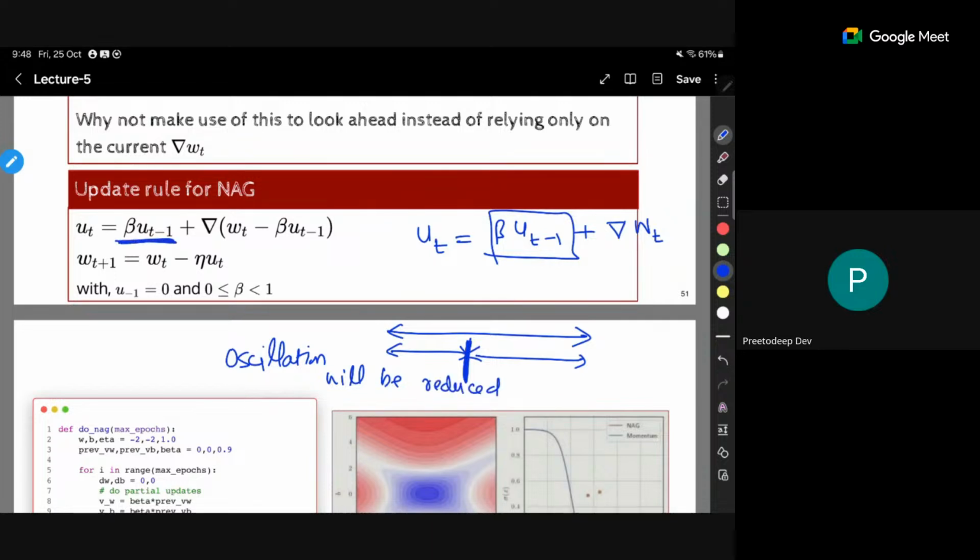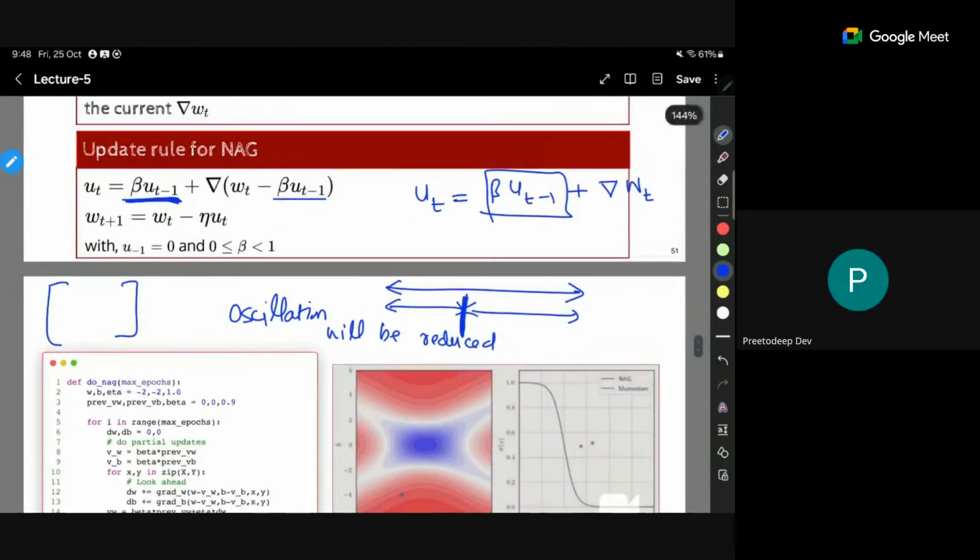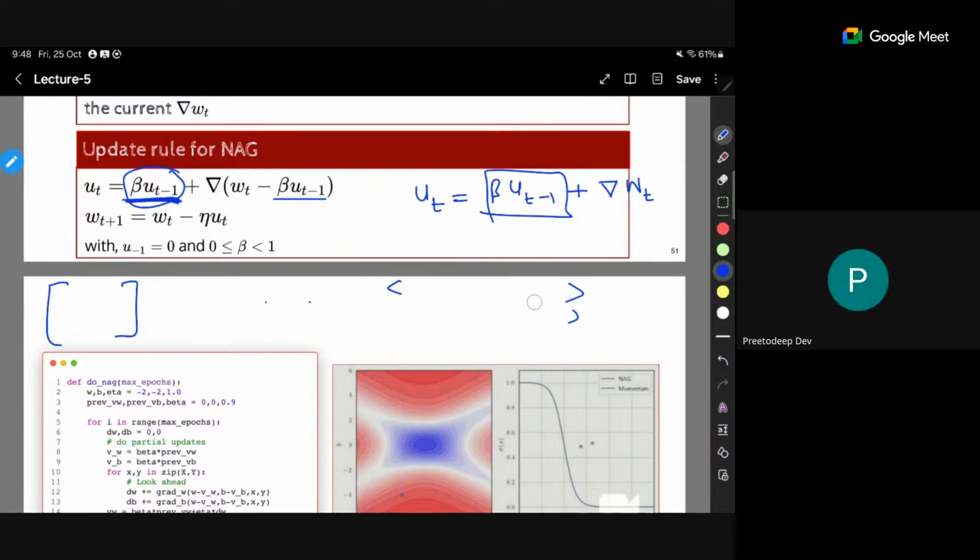So since we moved by this much, we need to subtract that from the weights, right? So you know that weights are going to be matrices, right? Something like this. If I figured out this much, and you know ut and all, it's going to be the gradient of L with respect to W, right?